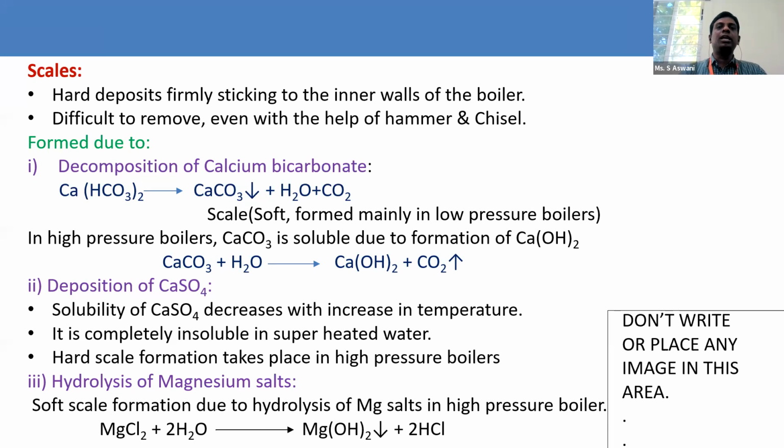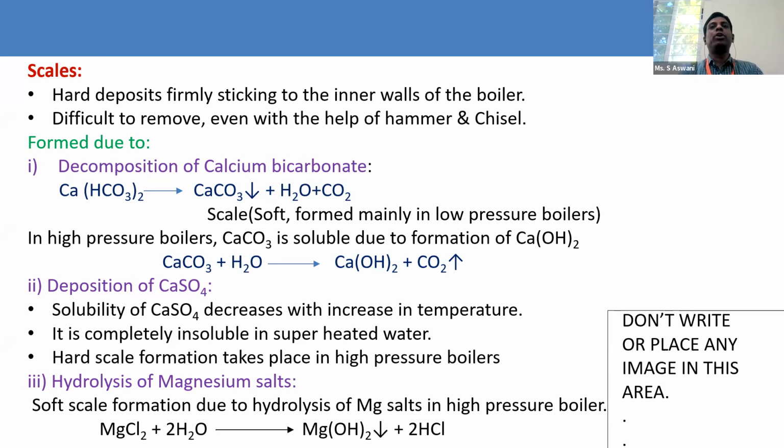They are completely insoluble, especially in hot condition and in superheated condition also, these suspended particles cannot completely dissolve. So it can cause formation of scales, and hard scale formation takes place in higher pressure boilers.